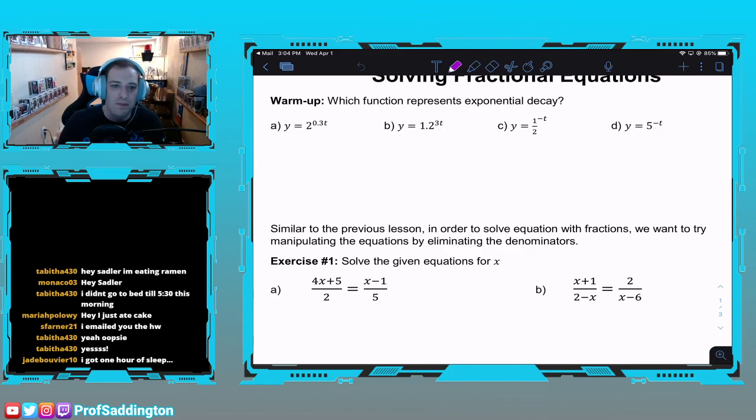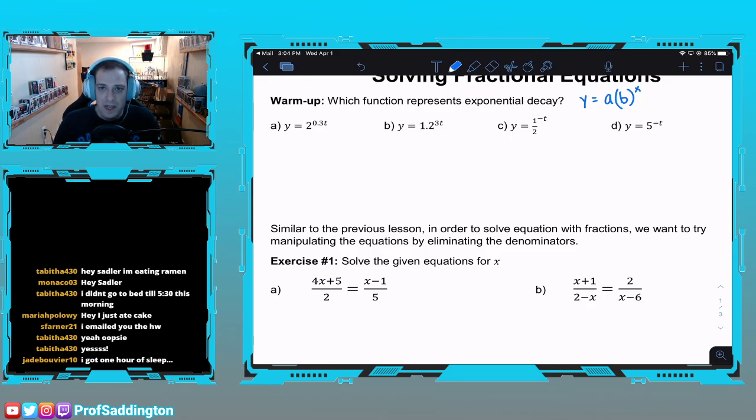All right, so if we take a look at the warm-up, we're going to talk about exponential decay. And if you guys remember exponential decay, it was a small little formula that looked like this. It was y equals a times b to the x. And that just meant it was an exponential function.